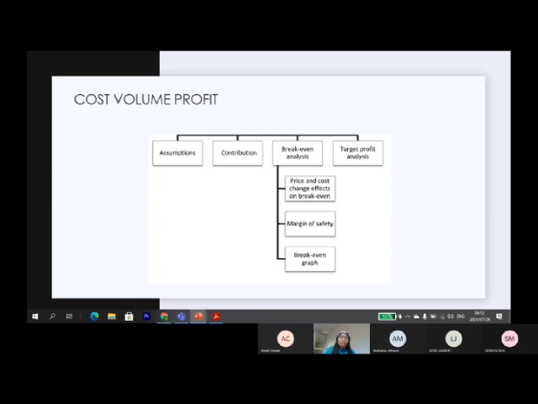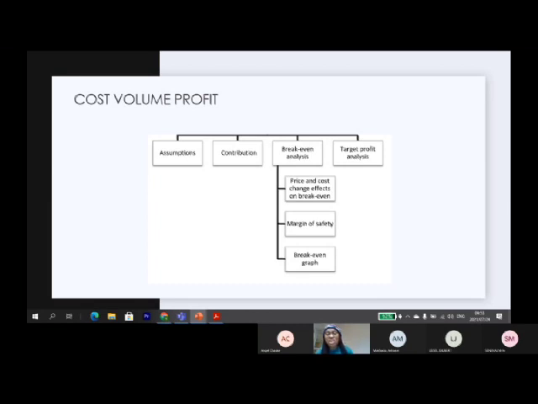I spoke about high-low being the one that we use for variable cost, and the linear equation, which helps you to identify your fixed cost. You get it by identifying total cost, identifying your variable cost using high-low, and then you are able to get your fixed cost. So that was a mini recap of what we just covered.